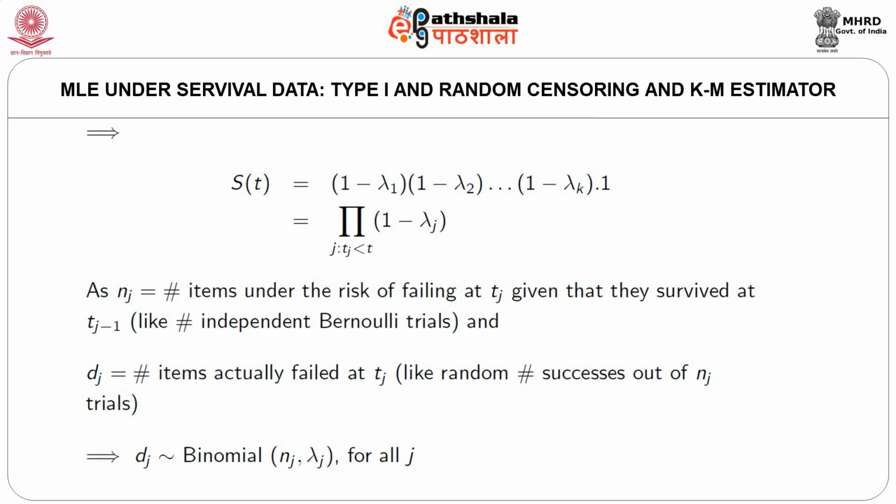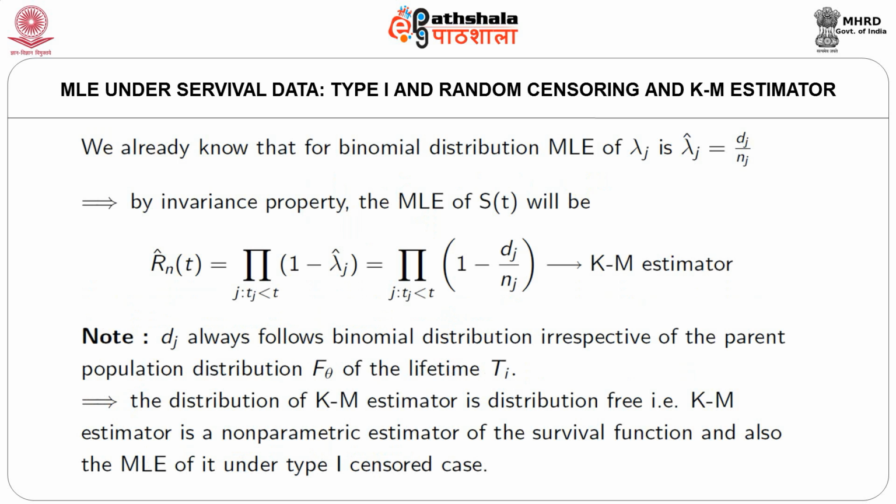So this implies dj follows a binomial distribution with parameters nj and lambda j for all j. Now we know that the maximum likelihood estimator of lambda j is lambda j hat equal to dj by nj, from the theory of binomial MLE.